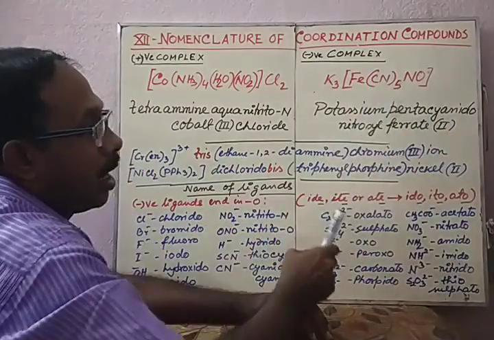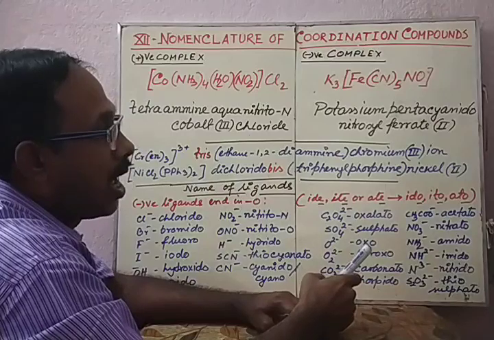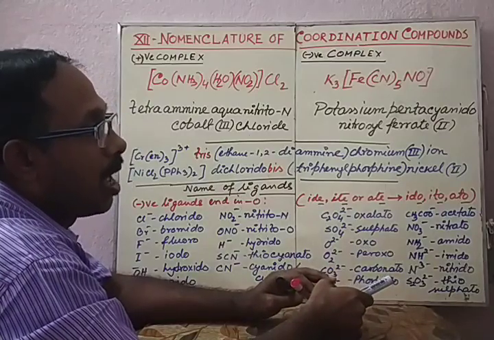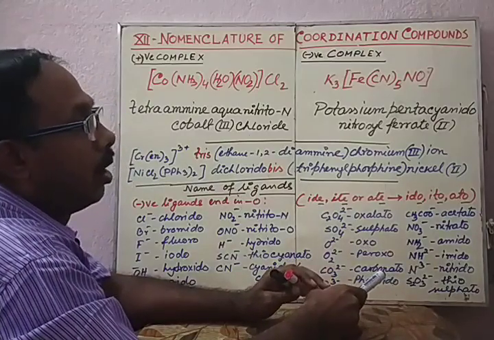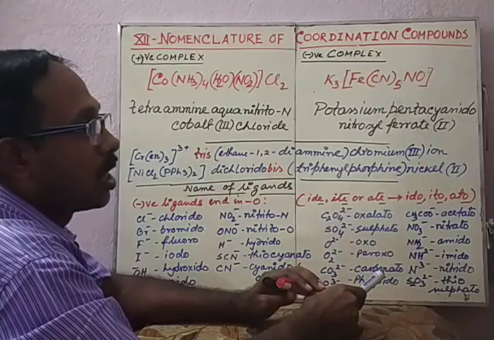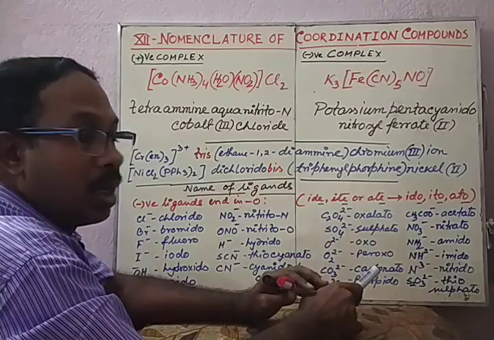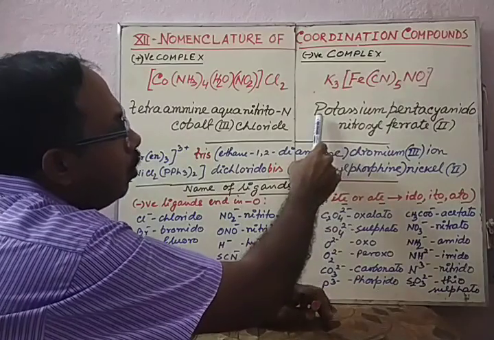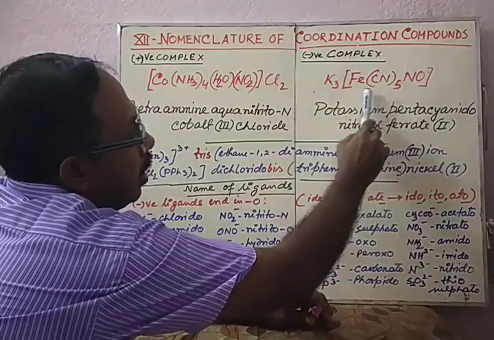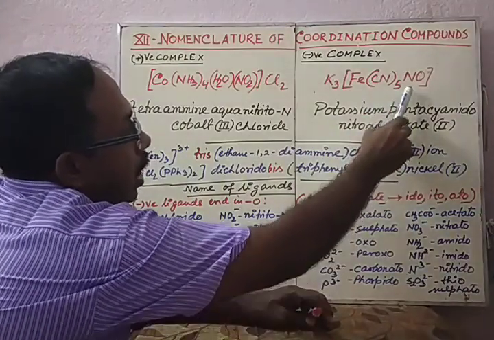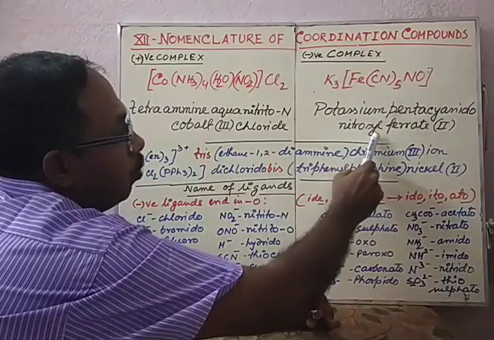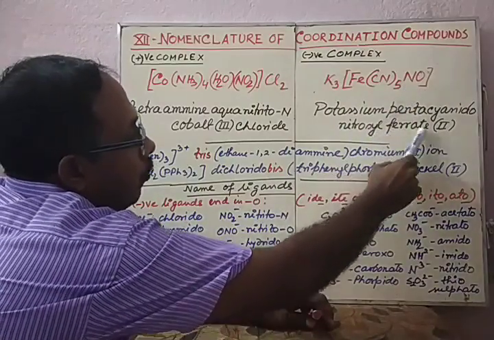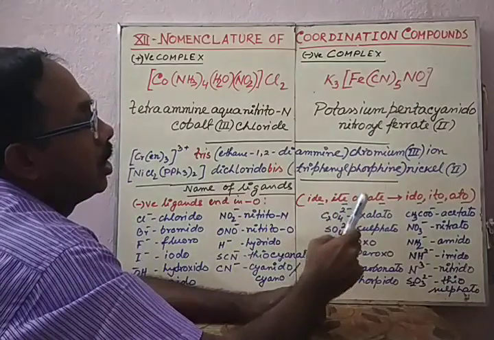pentacyanide. This cyanide group was previously called cyano. Still it is continued with cyano, but the actual rule is cyanide. So potassium pentacyanide, then nitrosyl, NO, which is a neutral group, nitrosyl, then ferrate. Why ferrate?